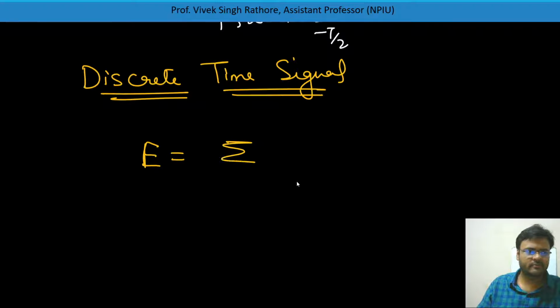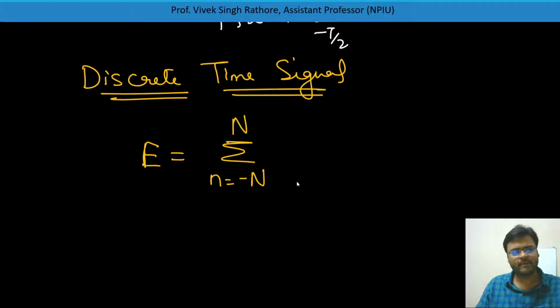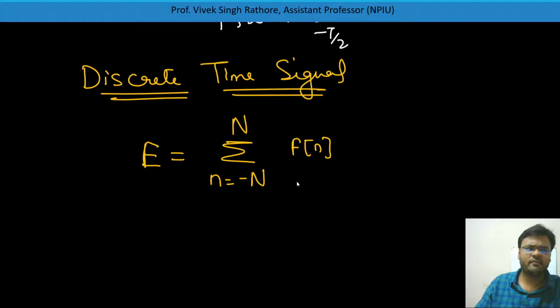So summation will be there, n from minus N to N, not infinity to infinity, for the number of samples, from minus N to plus N. And f(n) will be there, and you can square it if it is a normal real valued signal, or if it is a complex valued signal you can do the squaring part like this.